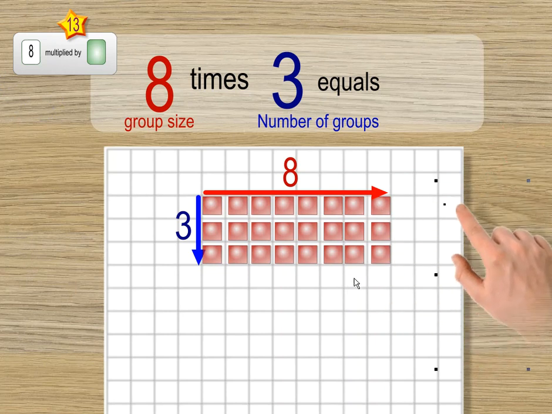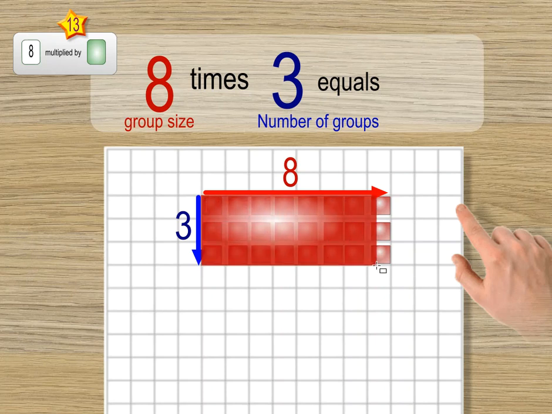Instead of laying out counters, you can also just square in that area, draw a perimeter around it. Let me see if I can do that right now. There we go. So 8 by 3. On grid paper it's handy because you can actually see the value because it's all gridded.